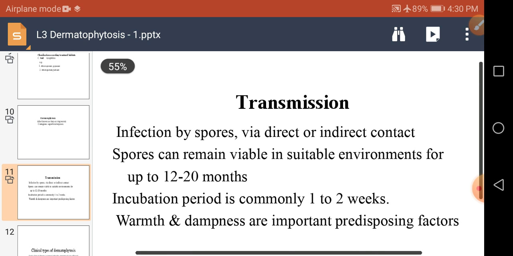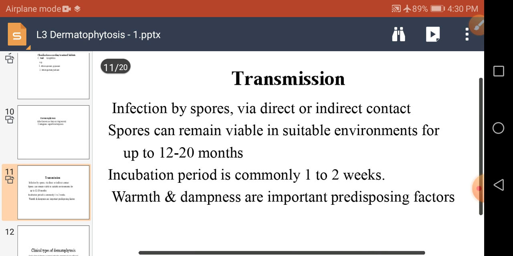Transmission, how the disease spreads. The infection takes place by spores. The spores are the infective agents via direct or indirect contact. Direct contact of the person to be infected and the source of infection. The source of infection can be human patient, animal patient, and infected soil.